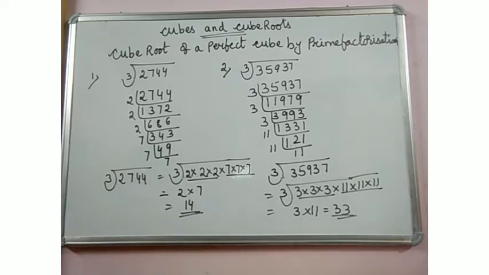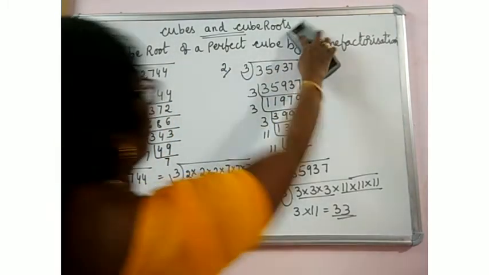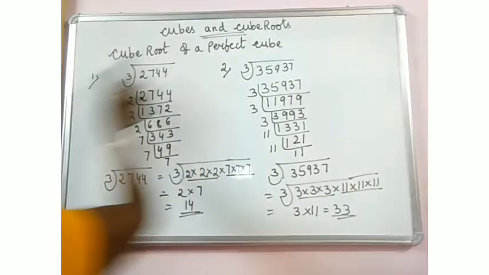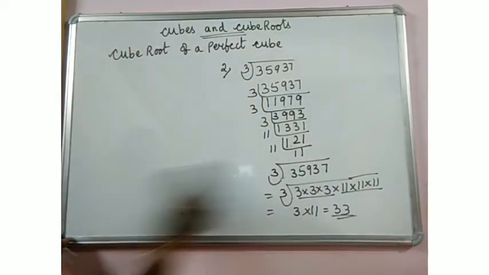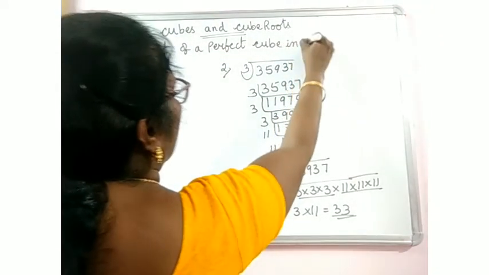Sometimes you have to find the cube root of a number which is given in exponential form. How to find? Let me explain you. Cube root of a perfect cube which is in exponential form.